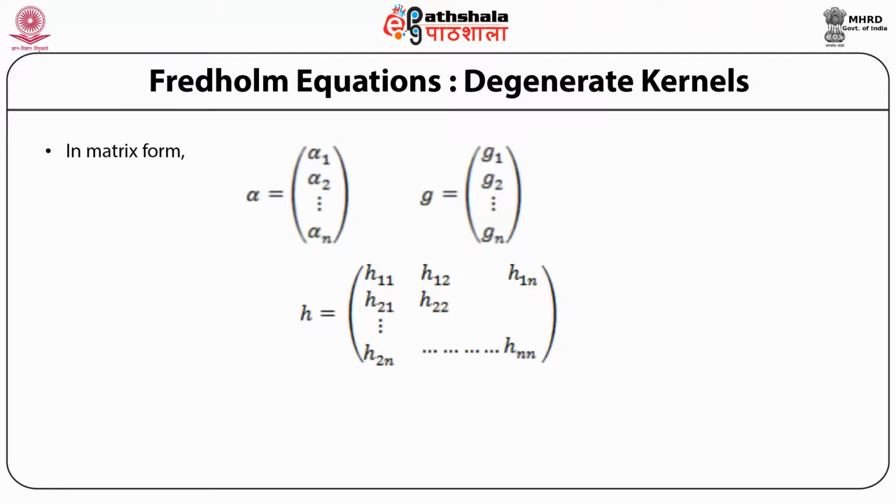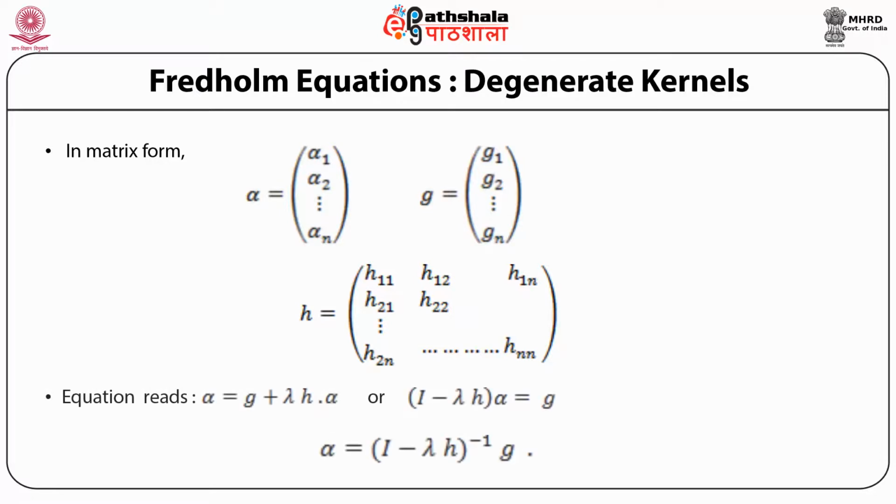So in the matrix form, if we write alpha as a column vector alpha_1, alpha_2, alpha_n, and g another column vector with entries g_1, g_2, g_n, then H is an n by n matrix with the entries h_ij, h_11, h_12, etc. And then this equation simply can be written in the matrix form as alpha is equal to g plus lambda H alpha, or we can write (I minus lambda H) operating on this column vector alpha gives us the column vector g, where we have introduced a unit matrix I, an n by n unit matrix.